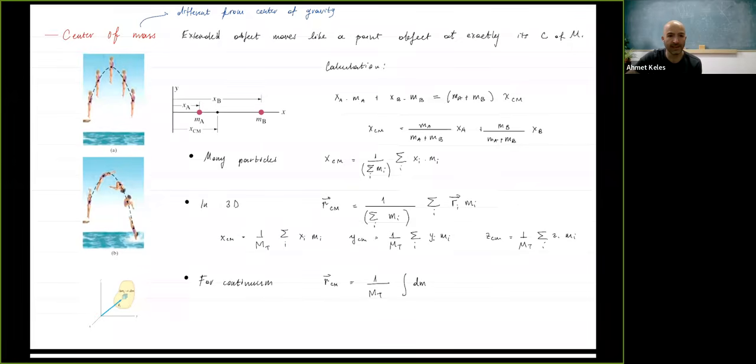Now these little masses are infinitesimal, so it's an integral times the position of this little mass. So you consider some little mass, it has some position, and you integrate over all volume. And this is the volume of the mass. Good. Any questions? Any objections?